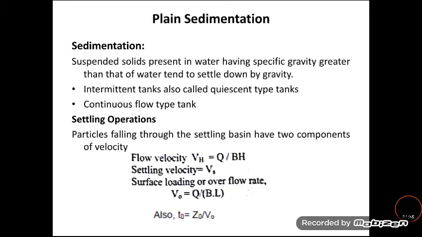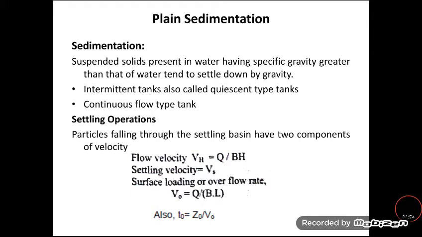Next one is sedimentation. In sedimentation, there are two types. First one is plain sedimentation, and the second one is sedimentation aided with coagulation. Here the suspended solids present in the water tend to settle by means of gravity by reducing the velocity of the flow. The sedimentation tank may be divided into intermittent tank or continuous flow tank.